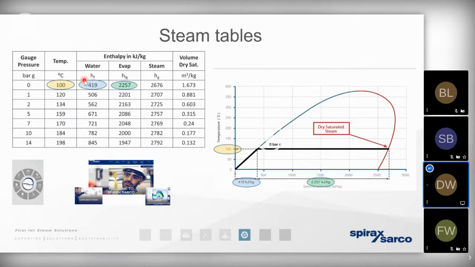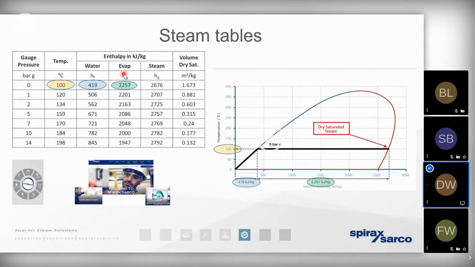But if we want that water to evaporate and produce steam, we need to put more energy into it, the enthalpy of evaporation. The next column shows us the sum of the two previous columns. That's the total heat energy present within the steam. And the final column shows us the volume that steam exists at under the known pressure.